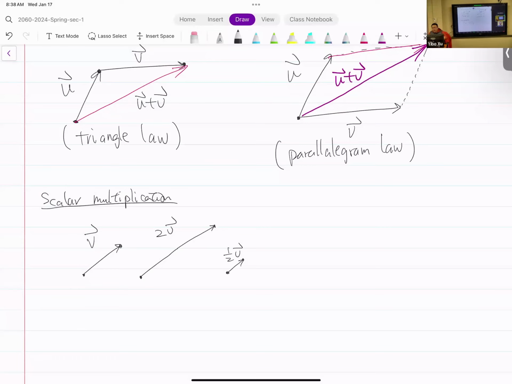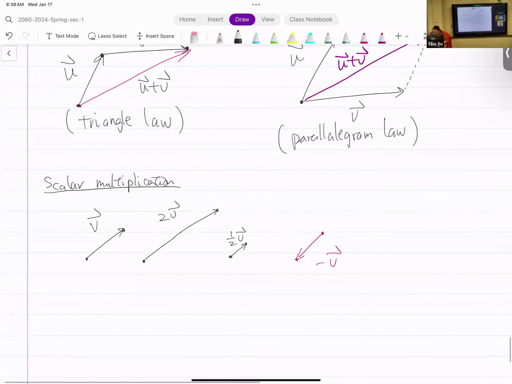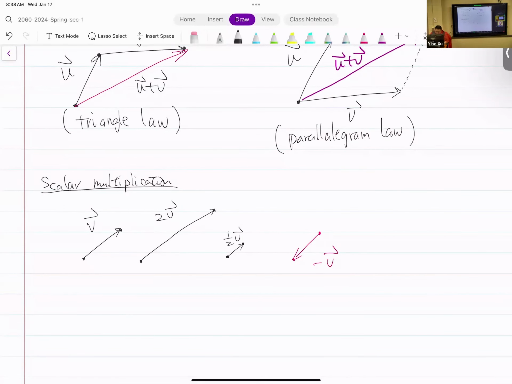This is still on the real line, but it's the opposite direction, right? So if the scalar is negative, then you just flip the direction, but it's still the same parallel direction. It's just opposite. Right? So that's pretty intuitive.